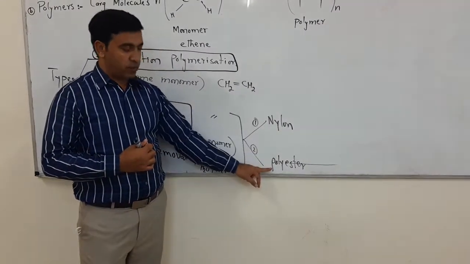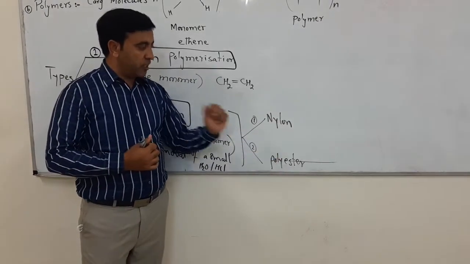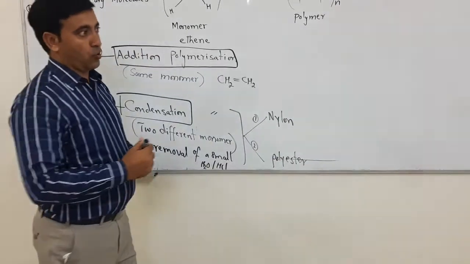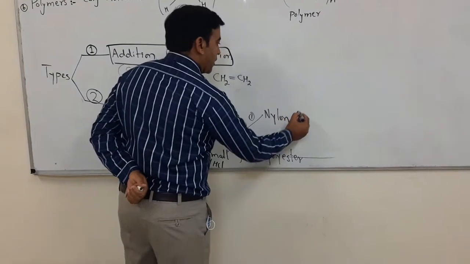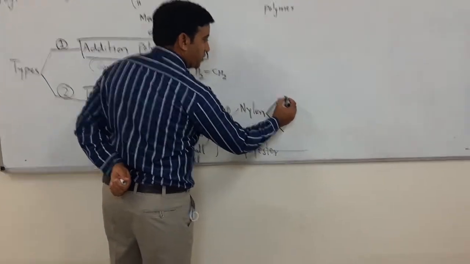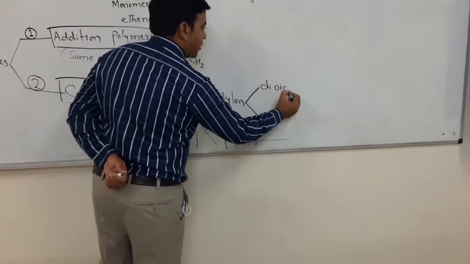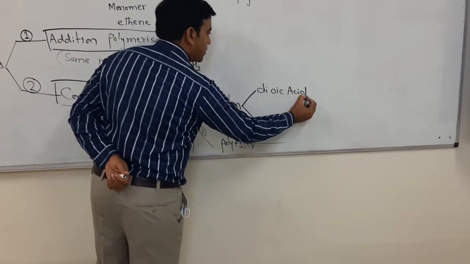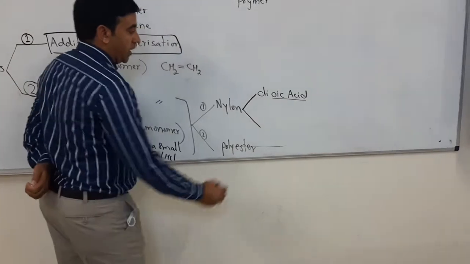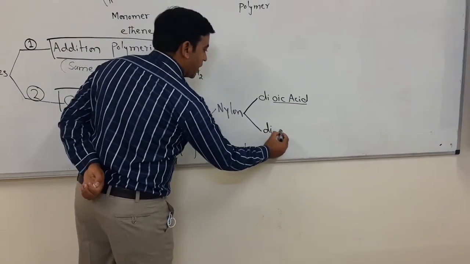We have 2 examples. Now we are going to study that which 2 types of monomer we need. See, this polymer we need 2 monomers. First monomer you can use dioic acid. Oic acid, you know that what is oic acid, I explain you, and here we are going to use diamine.